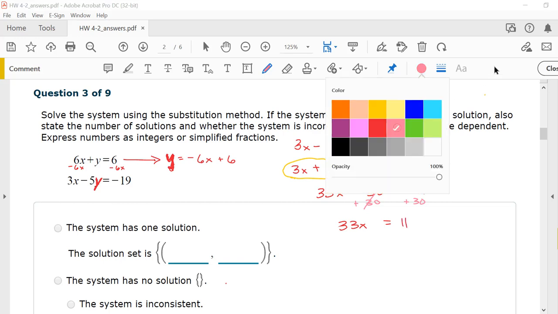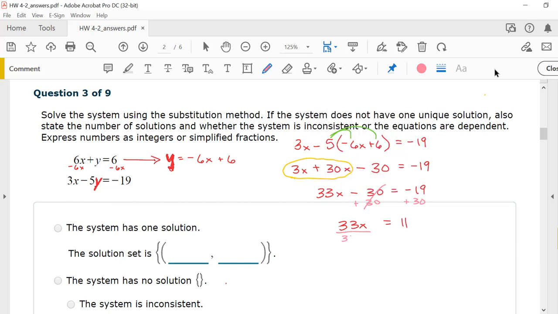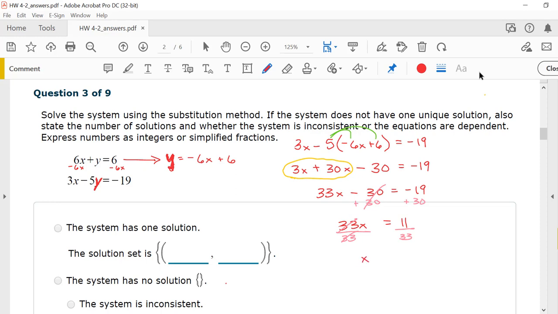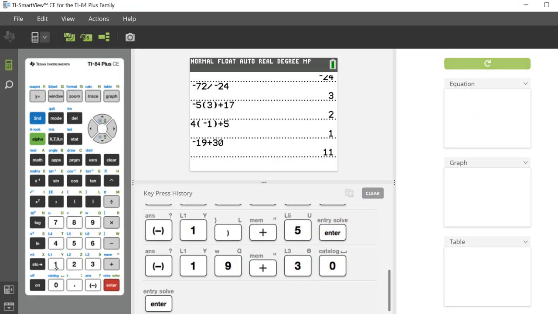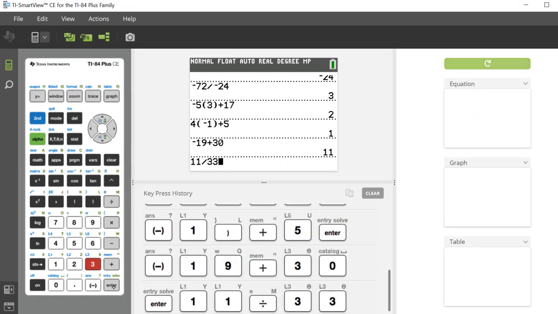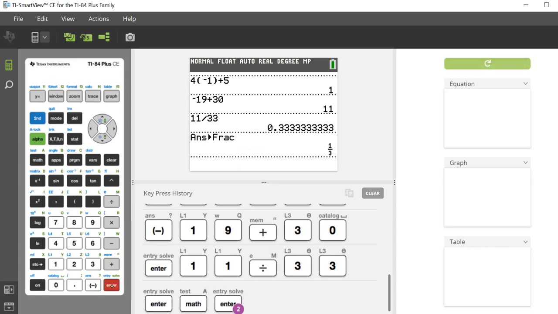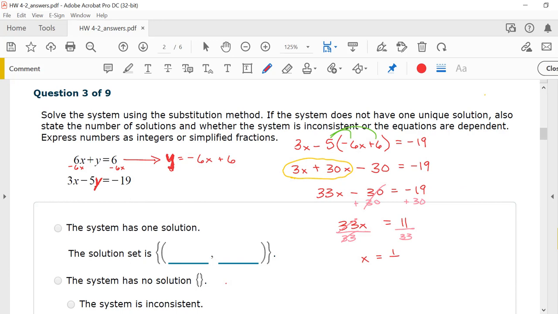Now dividing both sides by 33, I get x equals 11 over 33, which will simplify to 1/3. My x value is 1/3. Now for my y value, I'm going to plug this x. I can plug it into either one of the equations.